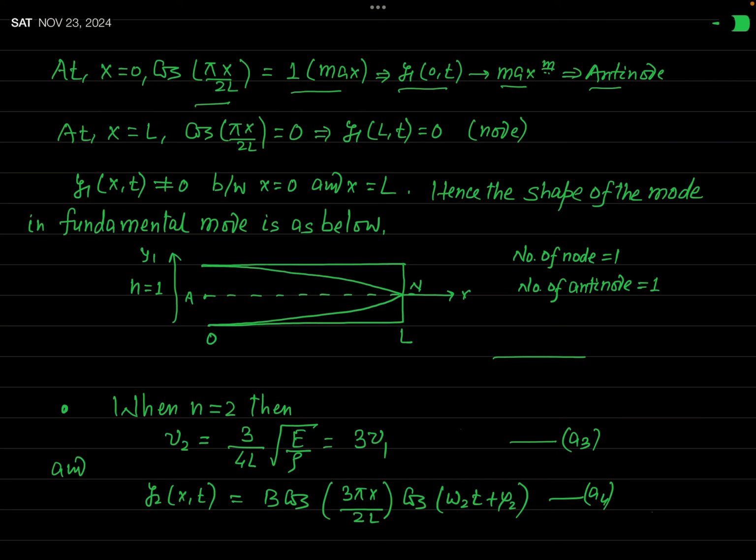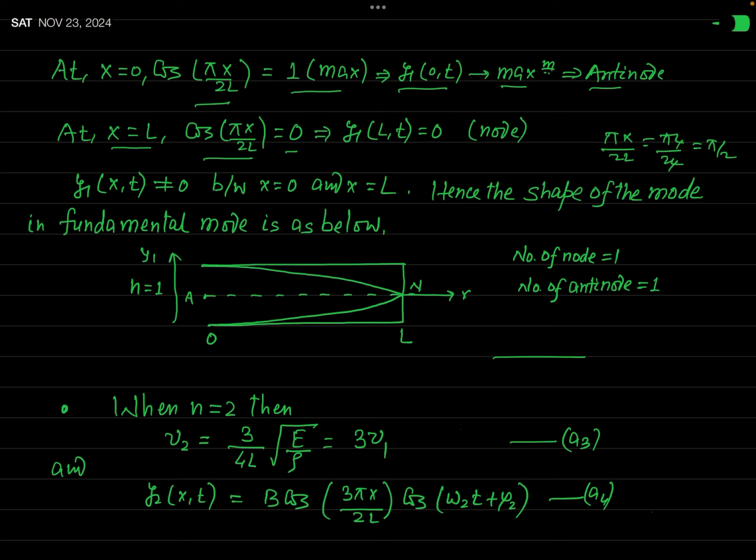Now you can see, when we take x equal to L, then what will be this cosine function? This is cos pi x over 2L, but x is L, so pi x over 2L. If x is L, this will be pi L over 2L. L will cancel out, and so this will be pi by 2. So this cos pi x over 2L will be cos pi by 2, which is equal to 0.